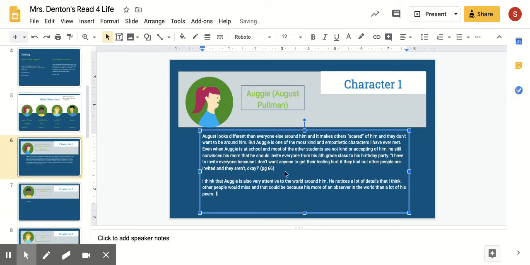I know this from the time in the book when Augie realizes that the other students are playing a game like in Diary of the Wimpy Kid.